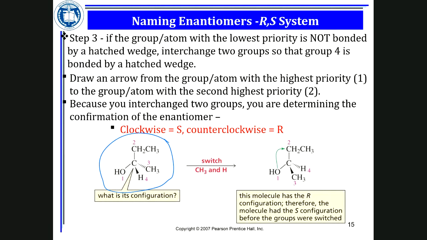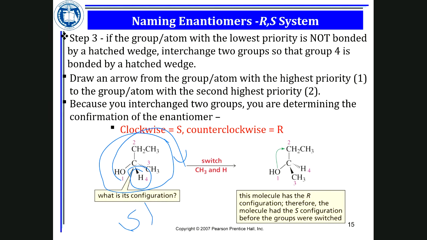If the priority for hydrogen is 4 and it's coming toward you, because this is the given structure, we say going 1 to 2 to 3 is clockwise, so this is going to be R, but since hydrogen is coming toward you, you have to say this is S.